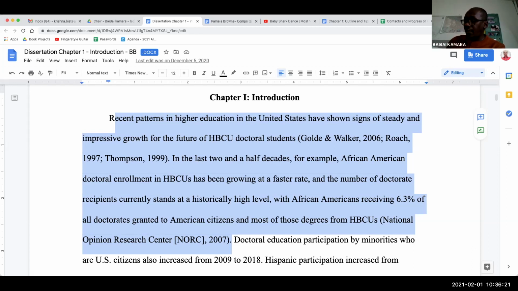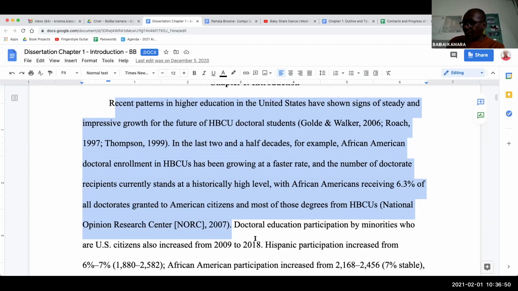have shown signs of steady and impressive growth for the future of HBCU doctoral students. In the last 2.5 decades, for example, African American doctoral enrollment in HBCUs has been growing at a faster rate, and the number of doctorate recipients currently stands at a historically high level, with African Americans receiving 6.3% of all doctorates granted to American citizens, and most of those degrees from HBCUs.